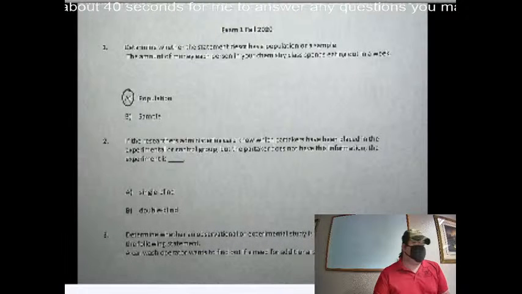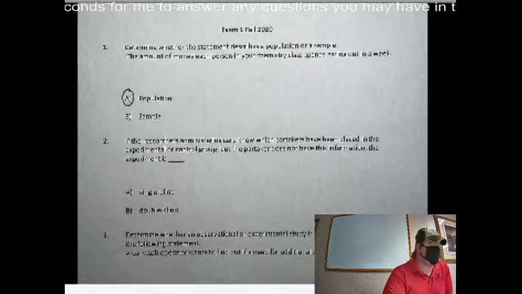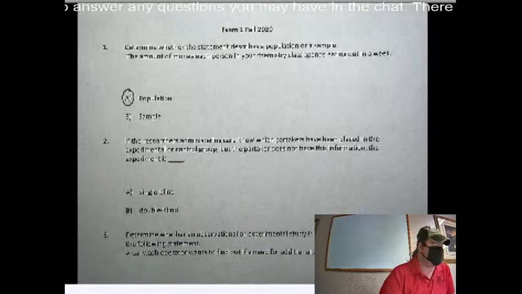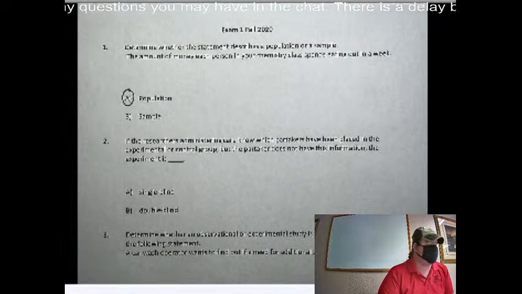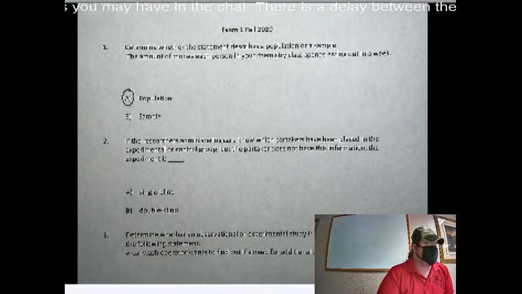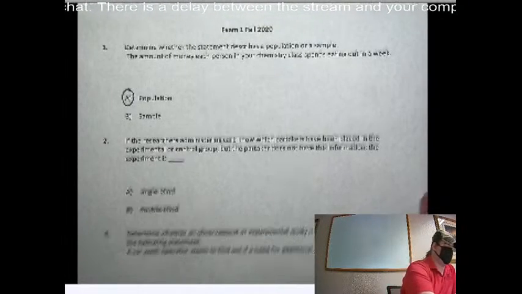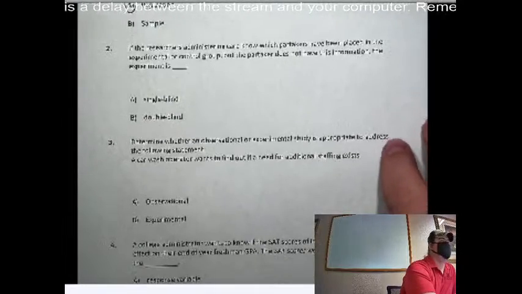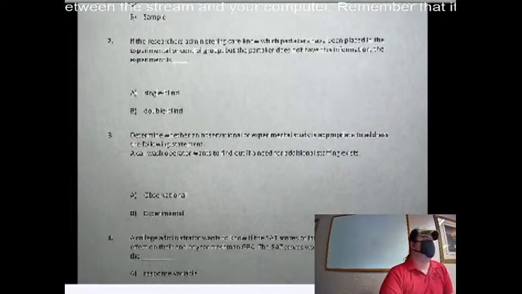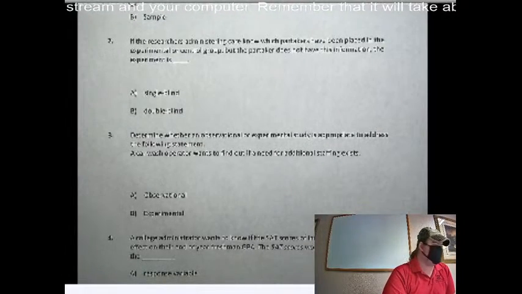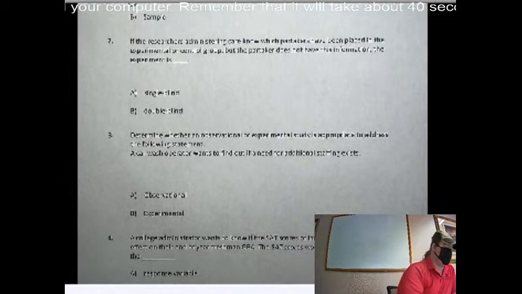Okay, next, if the researchers administering care know which partakers have been placed in the experimental or control group, but the partaker does not have this information, the experiment is what, single blind or double blind? It's actually single blind.